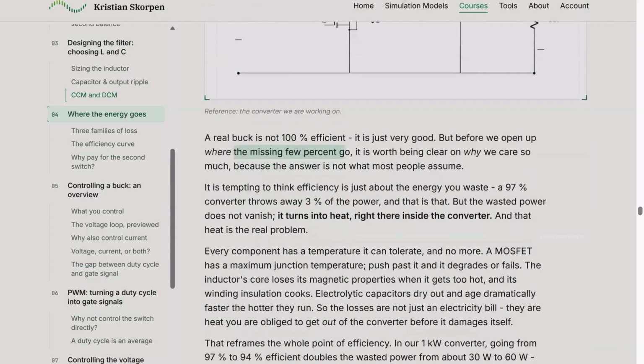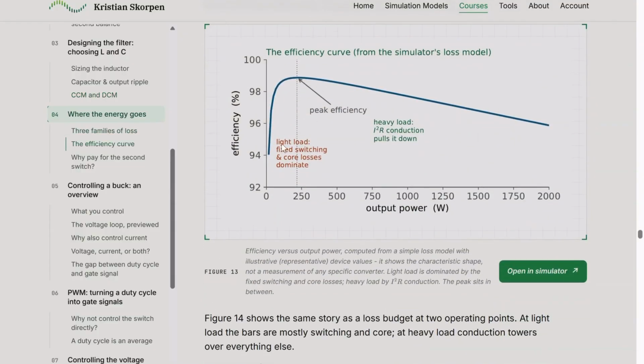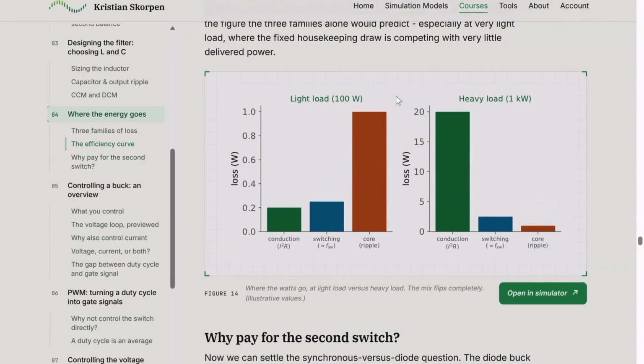So just to give you a visual representation, here we have the switching, here we have the efficiency. I will go back to that later on. But here we have a numerical example of the losses. At light load, where the current is low, the conduction losses are quite low because the current is low, right? And the switching losses are also relatively low because they also depend on the current.